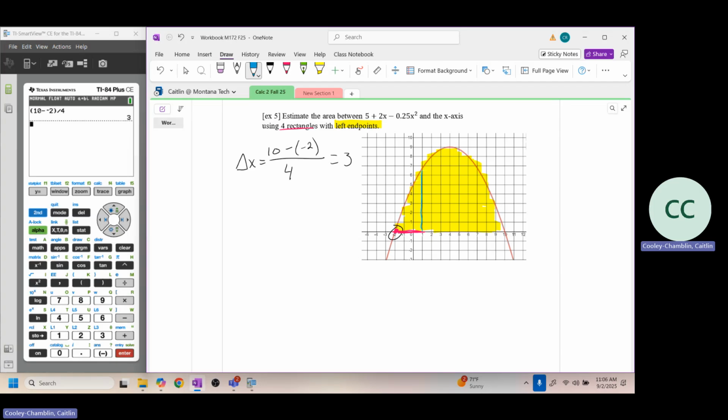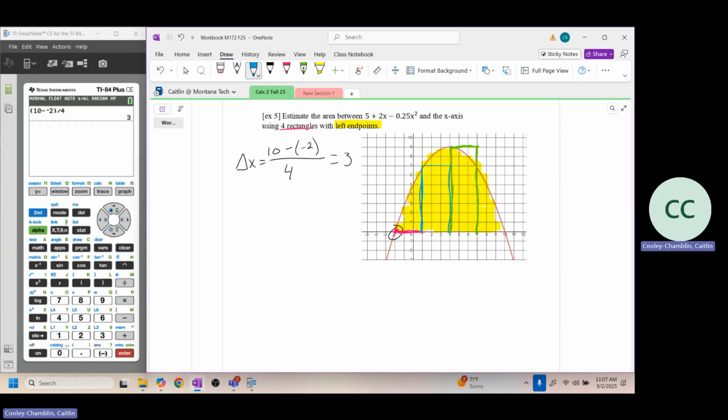I'm going to go to the height of the curve, and I'm going to go over 3. 1, 2, 3, and I'm going to go down to the x-axis, and then I'm going to start at 4, and I'm going to go up to the height of the curve. I'm going to go over 3, 1, 2, 3. I'm going to go down to the curve, so I hit 7.